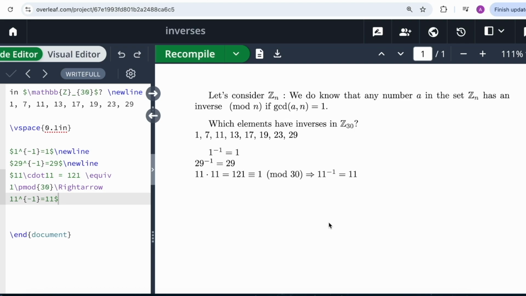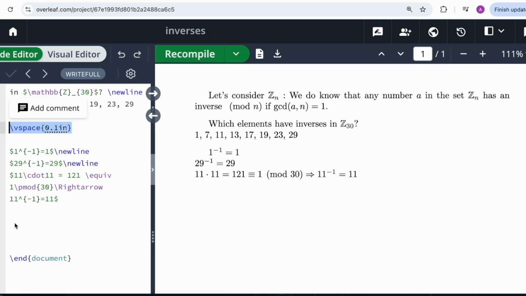So I was just looking through the list and seeing if anything stood out to me as being potentially easier to do, because now when I multiply 7 by everything in the list to see what the inverse of 7 is, I don't have to worry about 11. So just knowing it's 121 and knowing that's 1 mod 30, I was able to eliminate it, and a little bit of luck of the draw, depending if you see these things or not right away. So those are maybe the easy ones.